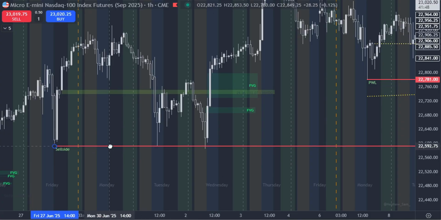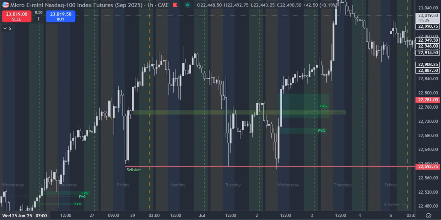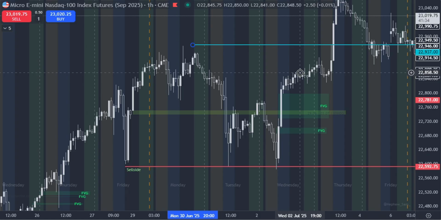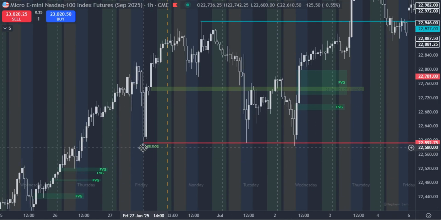Friday. This is a previous week low. See, this is Friday, previous week low. We swept it. Then we're going to look for buy side. Right? So this is a low. So this is Friday's low.